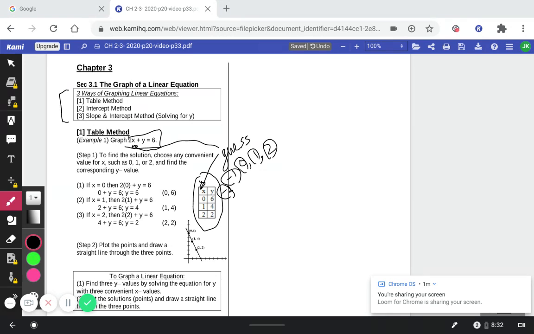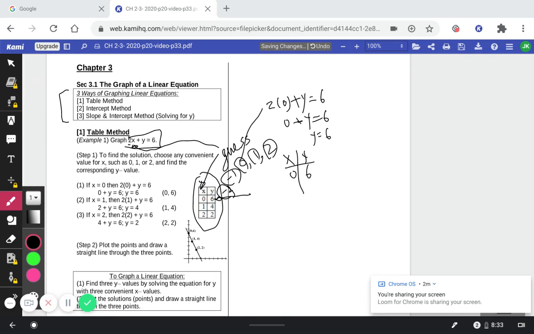If x is 0, the equation becomes 2 times 0 plus y equals 6. 2 times 0 is 0, so 0 plus y equals 6. Adding 0 doesn't affect the equation, so y equals 6. When you plug in x as 0, y becomes 6. That's how you get the first number.